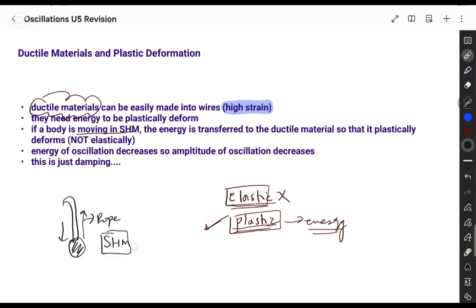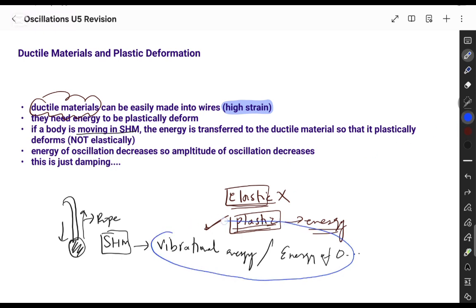So in simple harmonic motion, there is this vibrational energy or the energy of the oscillation. Okay, so this energy is going to be used to deform the material. So from here, energy is going to be transferred to the rope to plastically deform the rope.